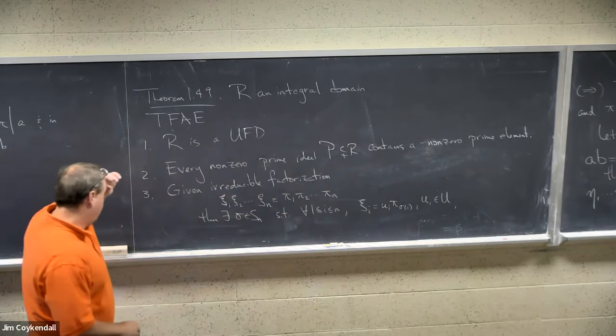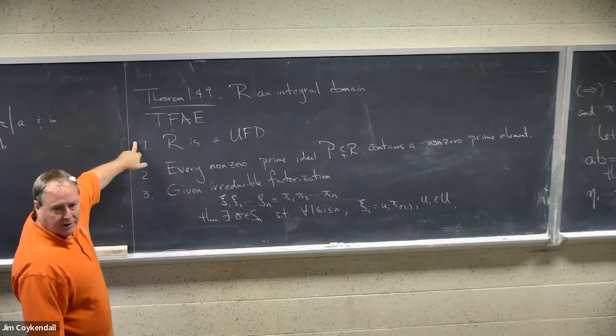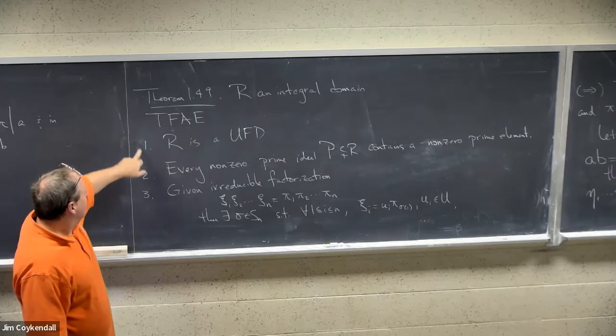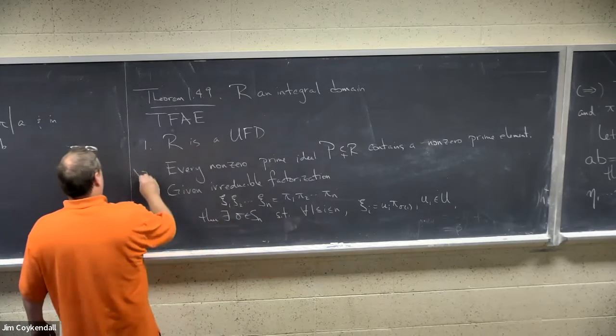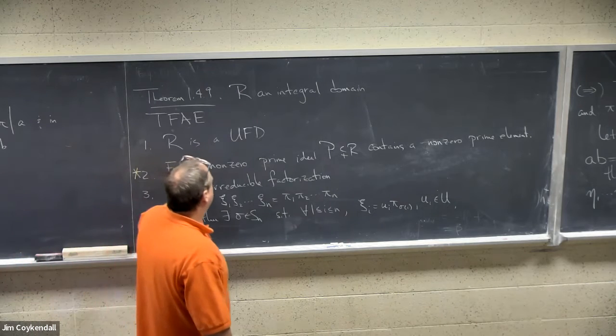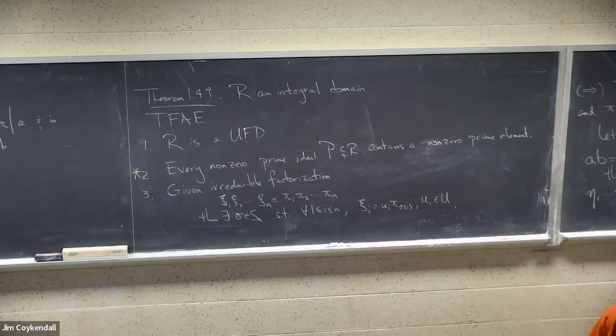Number one, R is a UFD. Number two, and this is what's really neat, every non-zero prime ideal contains a non-zero prime element.